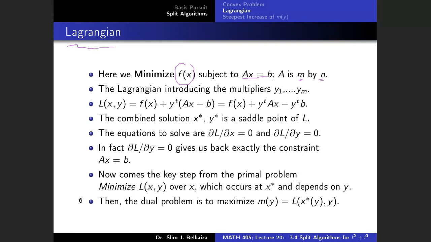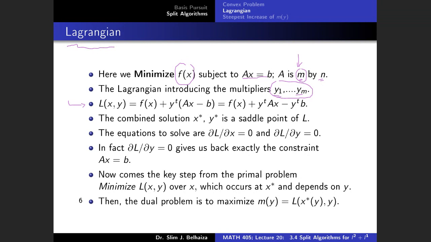The Lagrangian introduces a set of multipliers. We call them y1 to ym. You will see later on why I'm picking these variables. And guess what? You have as many Lagrangian multipliers as your number of conditions, as your number of rows. So the Lagrangian function writes as L of x, y.